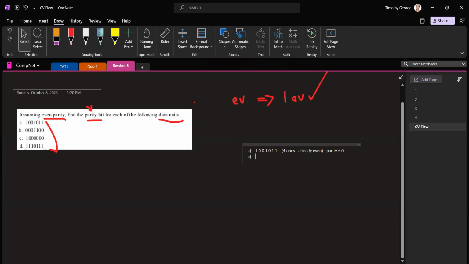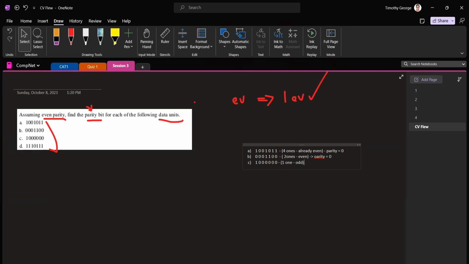The second one is 0, 0, 0, 1, 1, 0, 0. This has 2 ones, so it's even. So the parity is equal to 0. The next one is the example that I did, 1, 0, 0, 0, 0, which has only one 1.